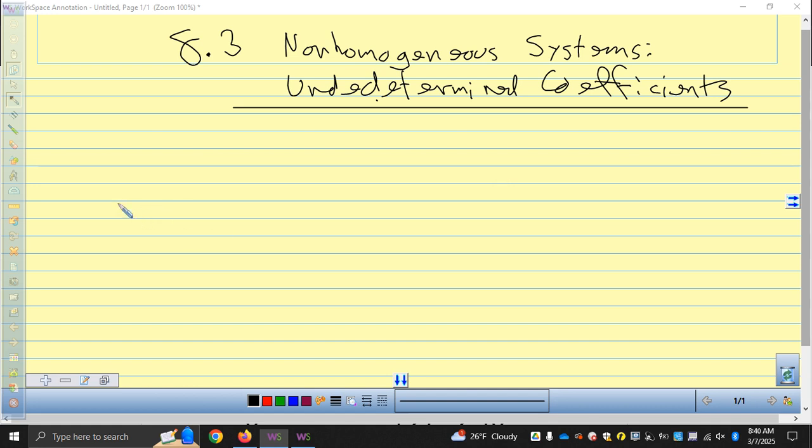We have the same requirements for f of t, so the functions that make our system non-homogeneous.